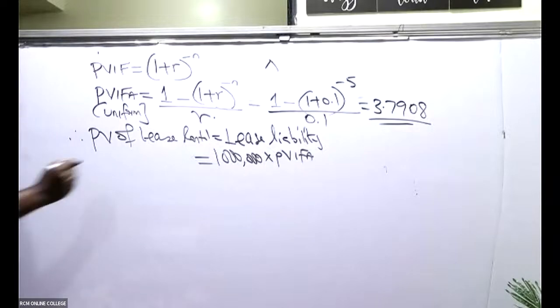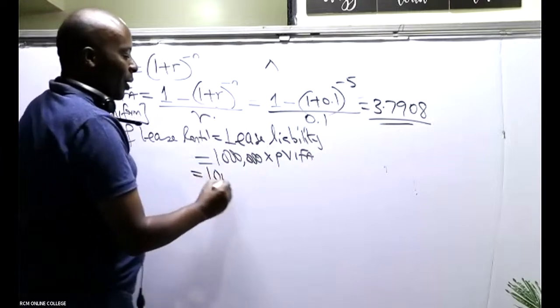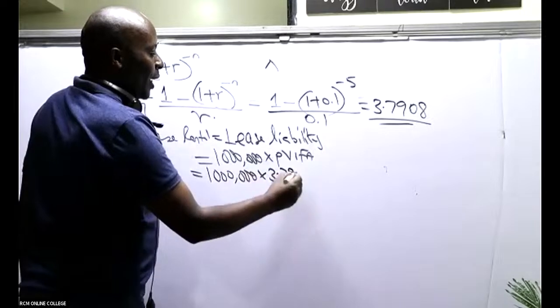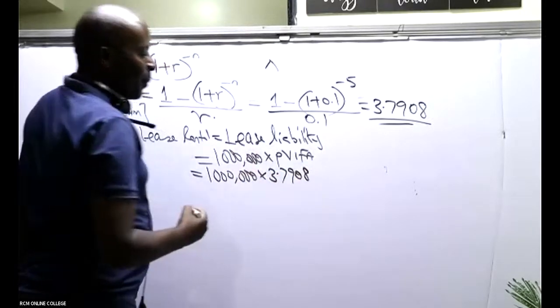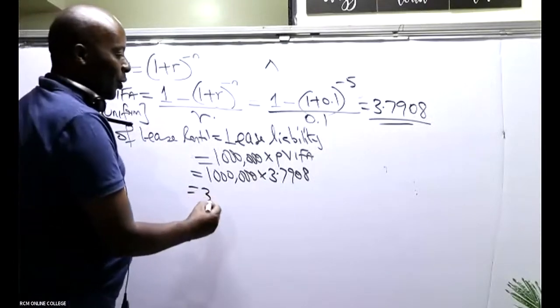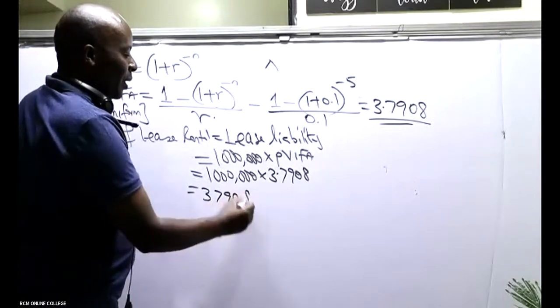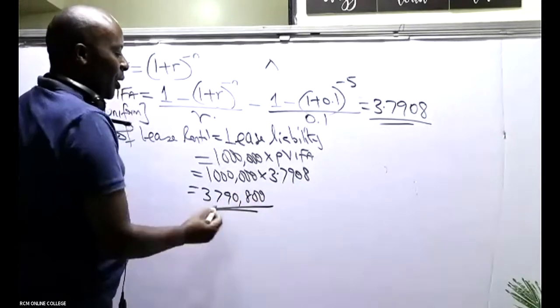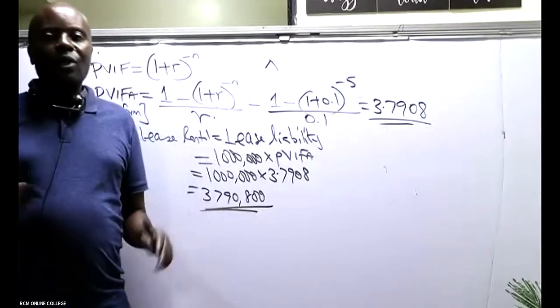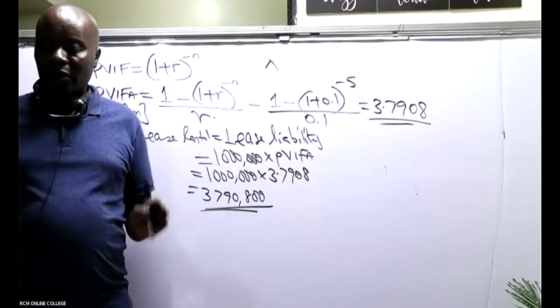So then this one here will be $1 million, which you are paying every year, times PV of 3.7908. Which will be the same as what here, somebody? 3,790,800 Kenya shillings. So this is what we owe this gentleman, the landlord, in total, having discounted.